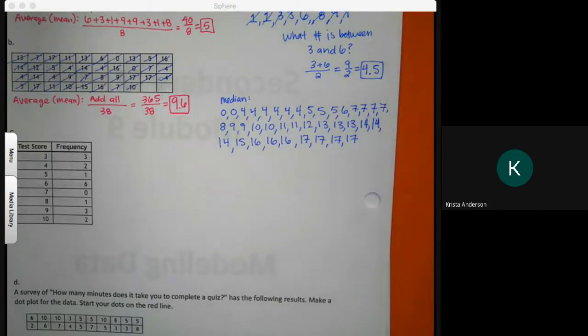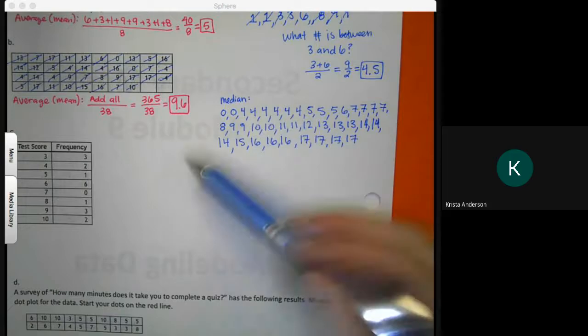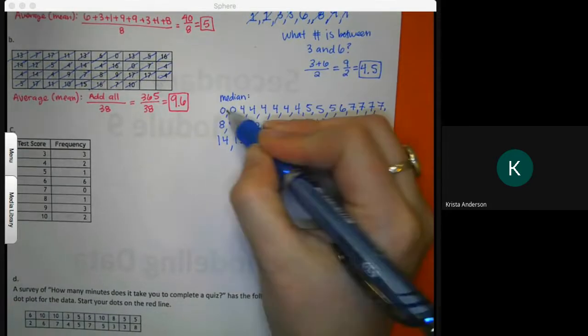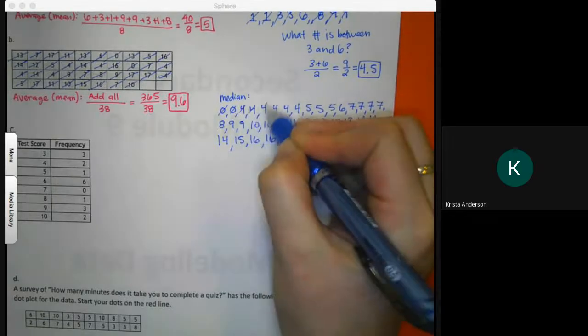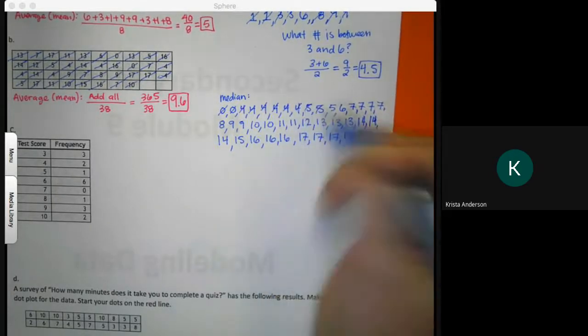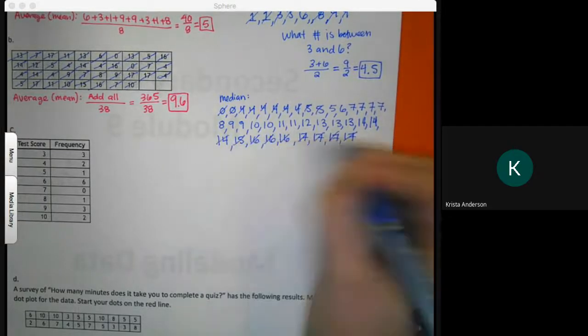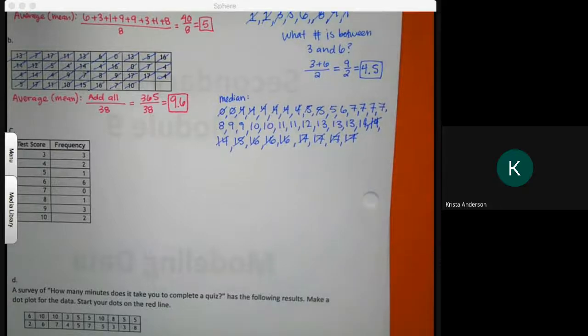So rather than going 1, 1, 1, 1, I'm going to do 10 on each side, and then I'll do ones, so I don't have to keep going back and forth. I'm going to cross off 1, 2, 3, 4, 5, 6, 7, 8, 9, 10. And 1 through 10 on the other end. How many do you want to cross off now? We're trying to get to the middle, so whatever you cross off on one end, you have to do on the other. You want to cross off 3?